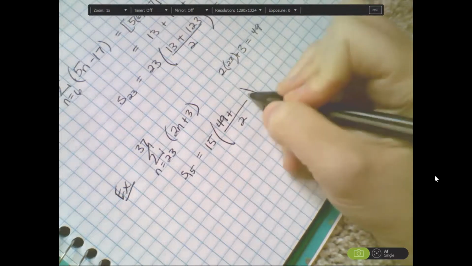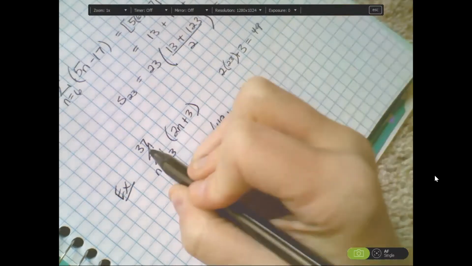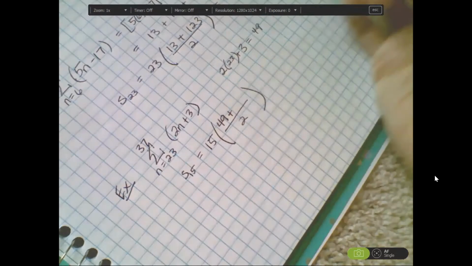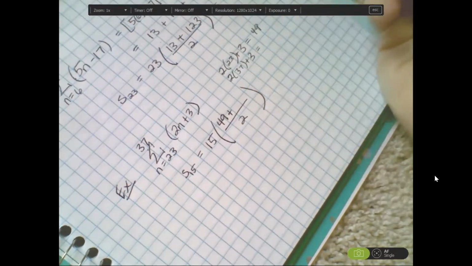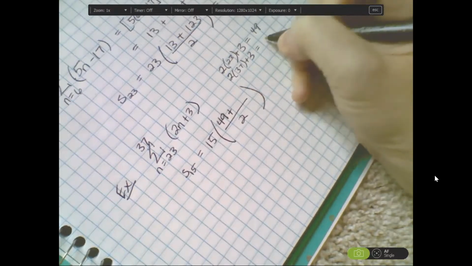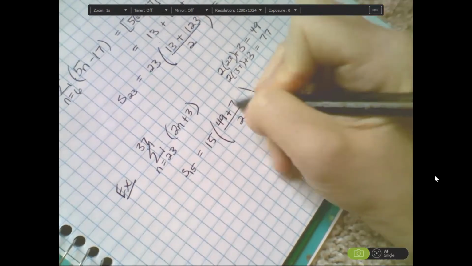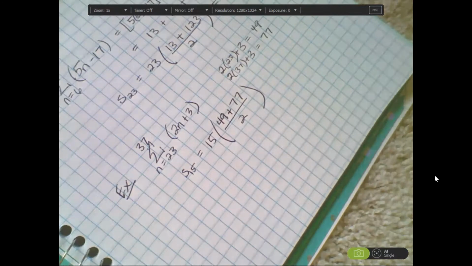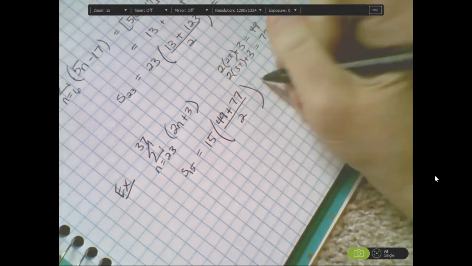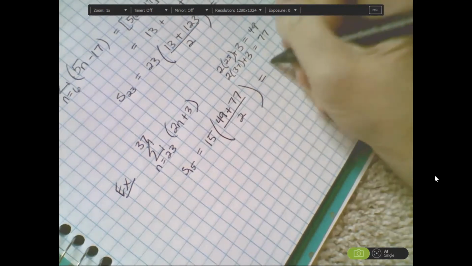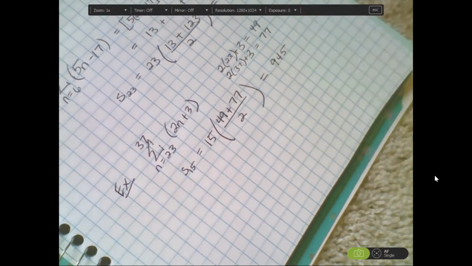Well, my last number in my series is going to be whatever I get from plugging 37 into my rule. That turns out to be, I believe, 77. So if I do my little formula here and work that out, I get 945.